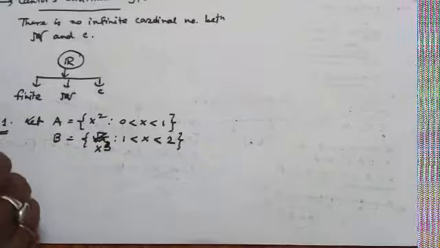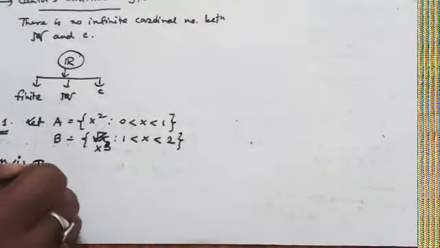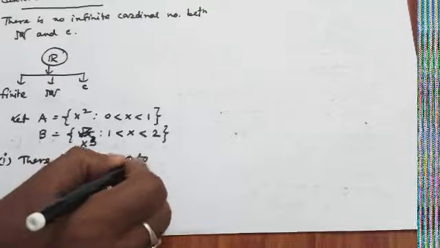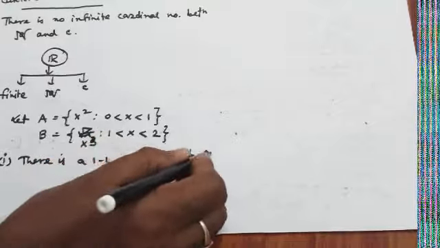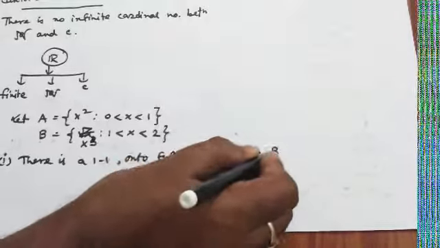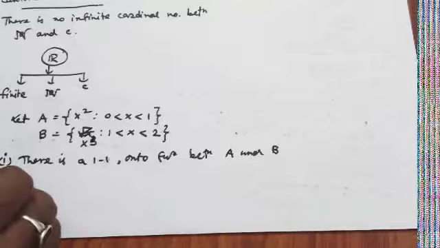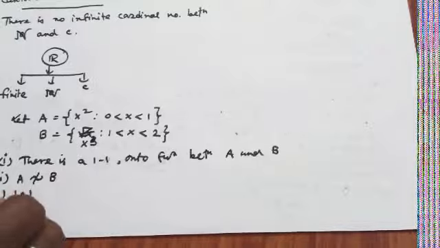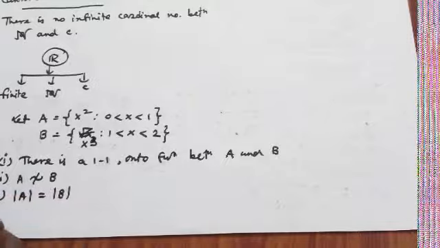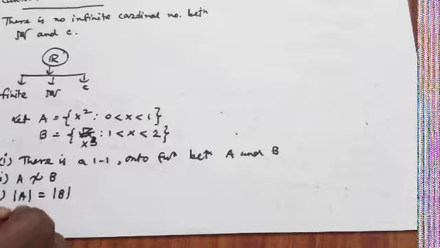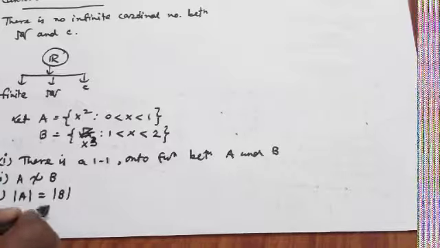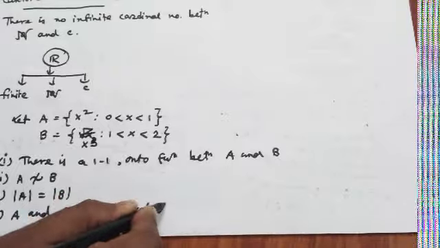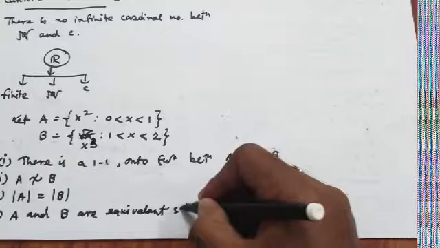So the first option: there is a one-one onto function between A and B. A is not equivalent with B. Cardinality of A is equal to cardinality of B. A and B are equivalent sets.